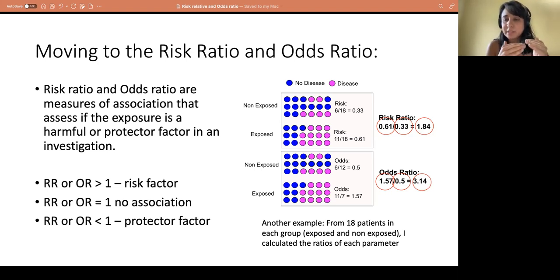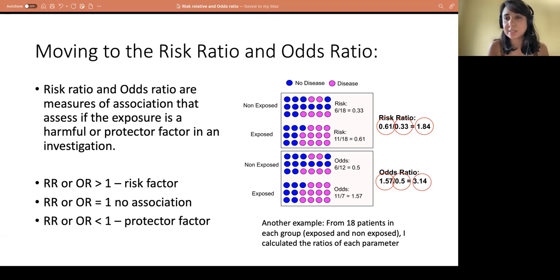Interestingly, the odds ratio will prove a similar conclusion, so this parameter is a risk factor to develop the disease, but we cannot interpret it as we interpret the risk ratio.